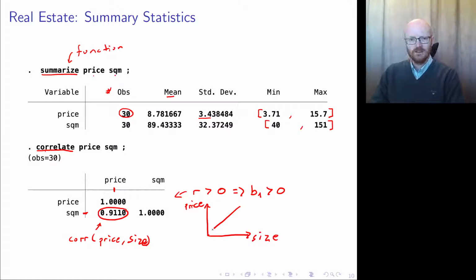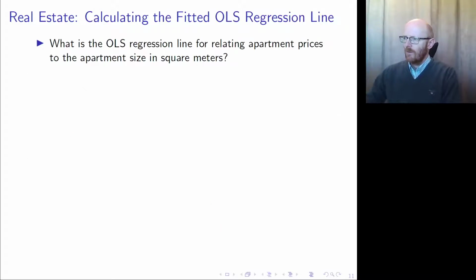So we know already that our graph is upward sloping. So what can we do to find the fitted OLS line?